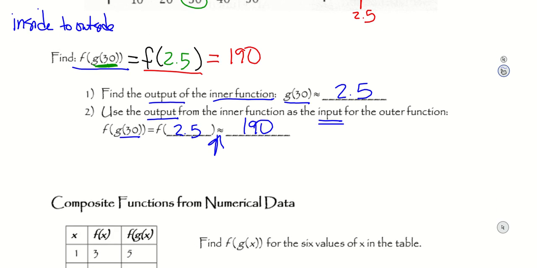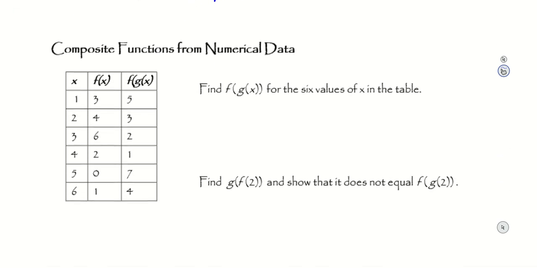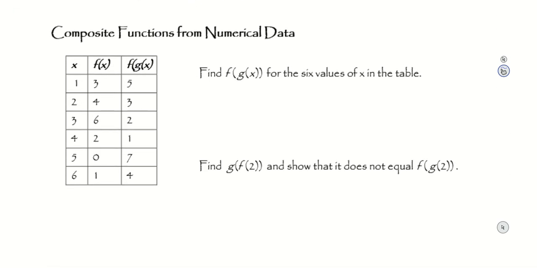So that's graphically. Let's look at how to evaluate composition of functions numerically. So I have a table here which gives me values for x. That would be an input. I have output values for f. And then I have, this actually should just be g of x. So these are output values for g, right, with given inputs.